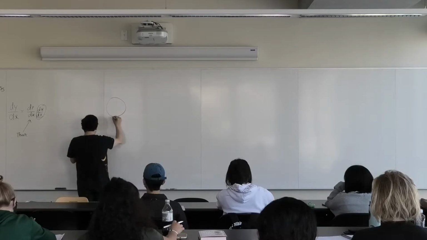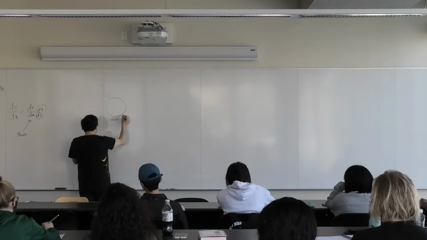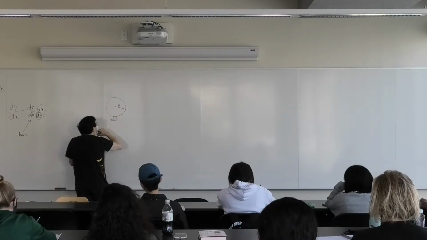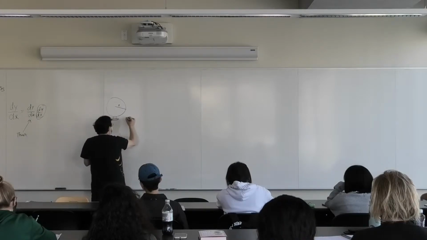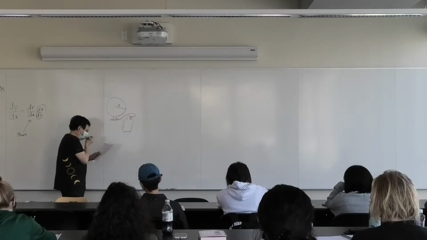This example, very common, involves a balloon. The balloon has a radius. We're hooked up to, I don't know, we're divers here, so just an air tank.